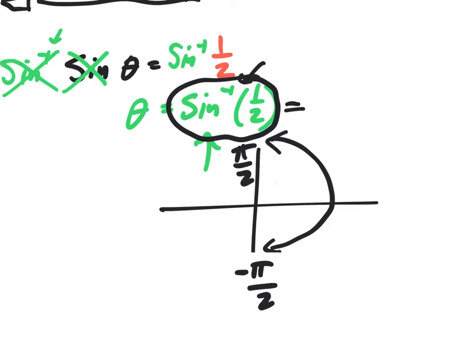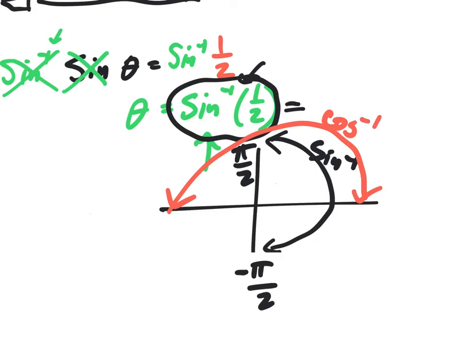I'll show you later why that is, but you should take notes on this, by the way. This is where inverse sine is allowed. Inverse cosine is allowed all the way across this top quadrant here. That's where inverse cosine is allowed, and that's from 0 to, I hope you remember that that's where pi is.